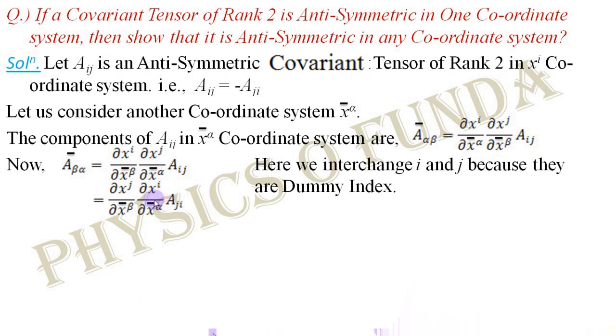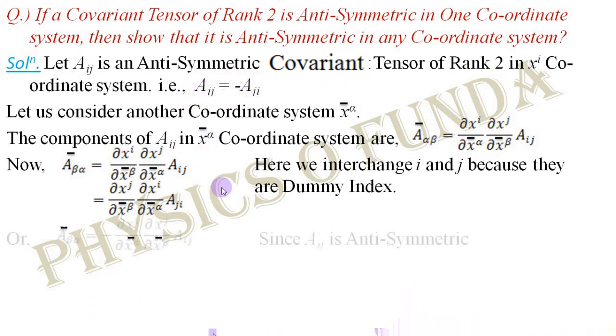In the next line, we also interchange the position of i and j because these are dummy indices. Now Aij is an antisymmetric covariant tensor of rank 2, that's why Aij is equal to minus of Aji. That means if we multiply both sides with a negative sign, then we get Aji is equal to minus of Aij.